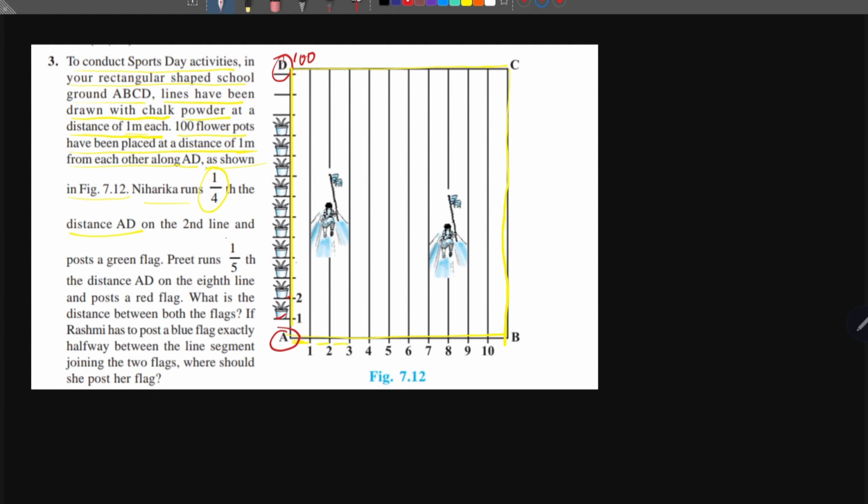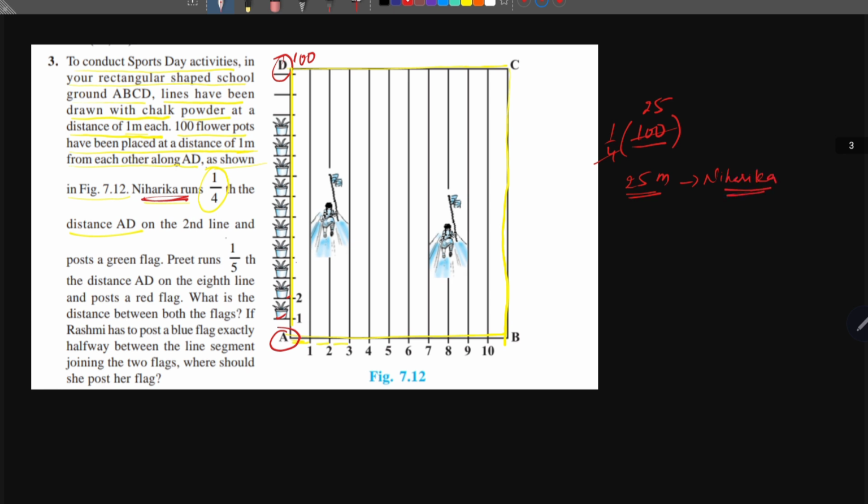In that, Niharika runs 1 by 4th of it. So 1 by 4th of 100, 4 cancels in 100, 25 times. So she traveled 25 meters. Okay. Who traveled? Niharika.